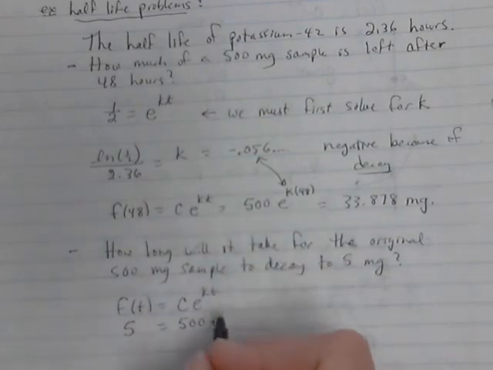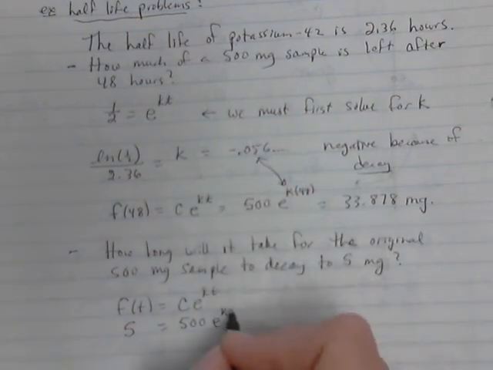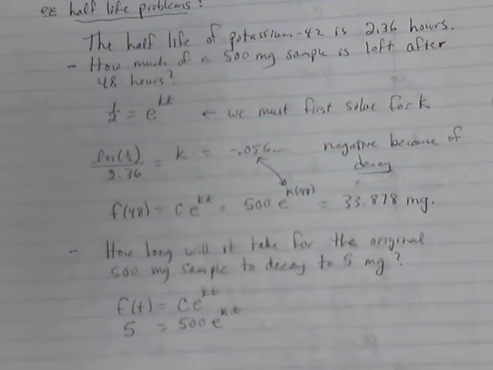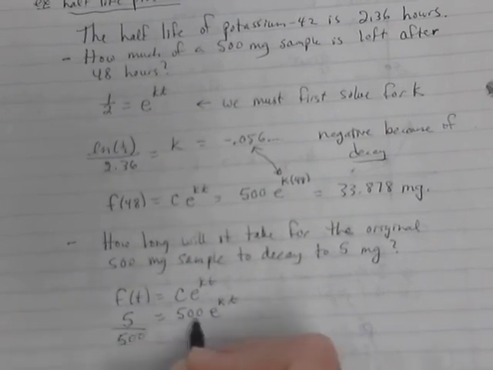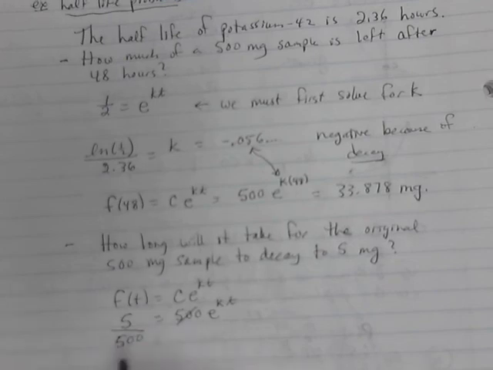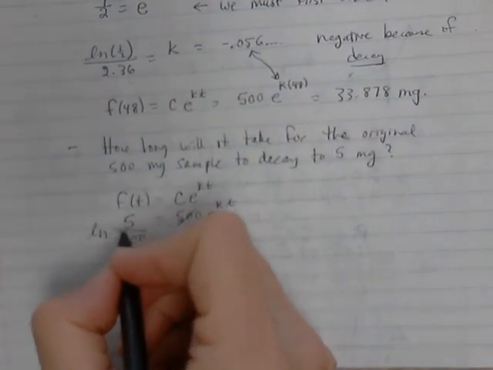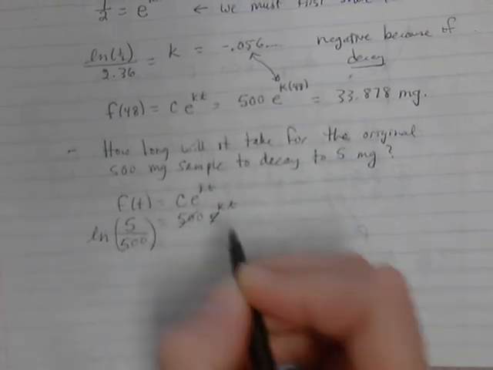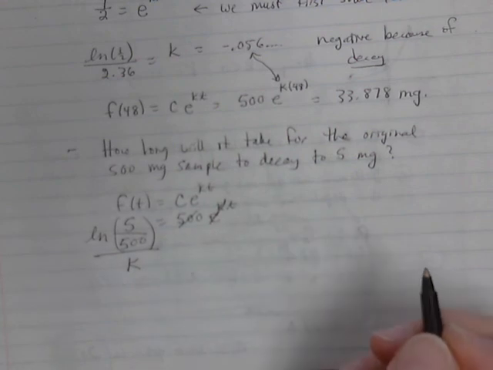We've already solved for k. I'm just going to put the letter k. k is negative 0.056. And then we're solving this for t. So to solve for t, you just divide both sides by 500. Take the natural log of that value to get rid of the e, and divide by the k value that's been stored in our calculator.